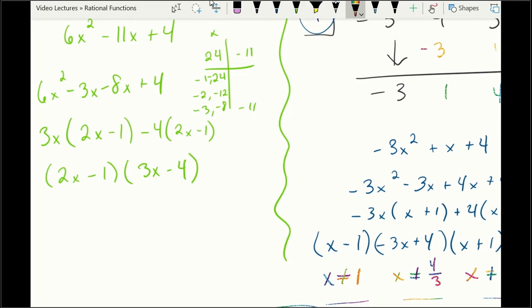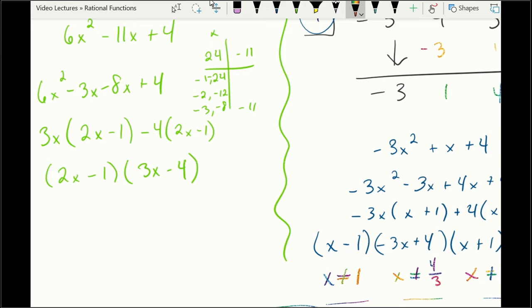The signs are exactly the opposite, which means that if we had written our negative 3x plus 4 as negative 3x minus 4, we can see we definitely have these same factors. These will definitely cancel.